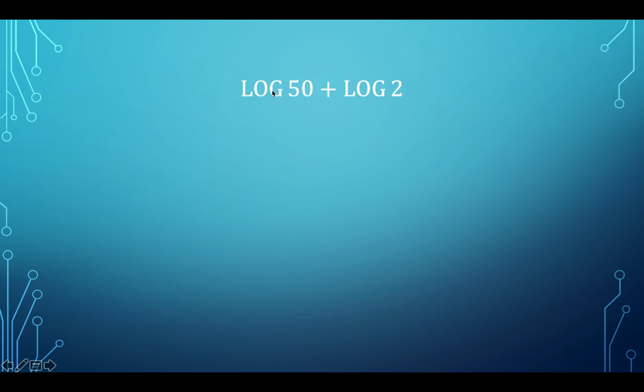So how about if we have log 50 plus log 2? What does this plus sign mean? This plus sign means multiplication. So we were really doing log 50 times 2. Well, couldn't we simplify that one step further? Couldn't you multiply 50 times 2 and get log 100?